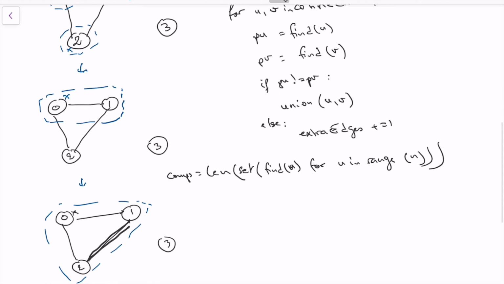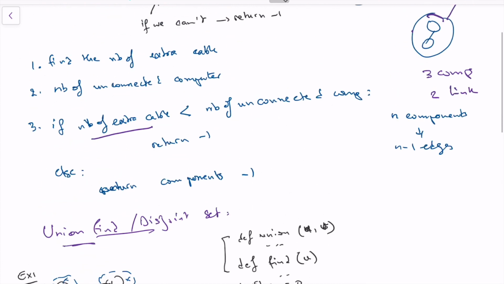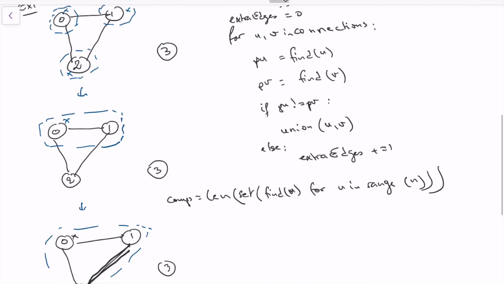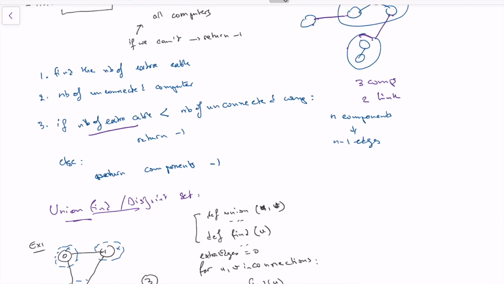And now, how can we know that we have enough to connect? We found the number of extra cables, and we know the number of connected components, which is just the number of unconnected parts, right? Now we need to do the check.